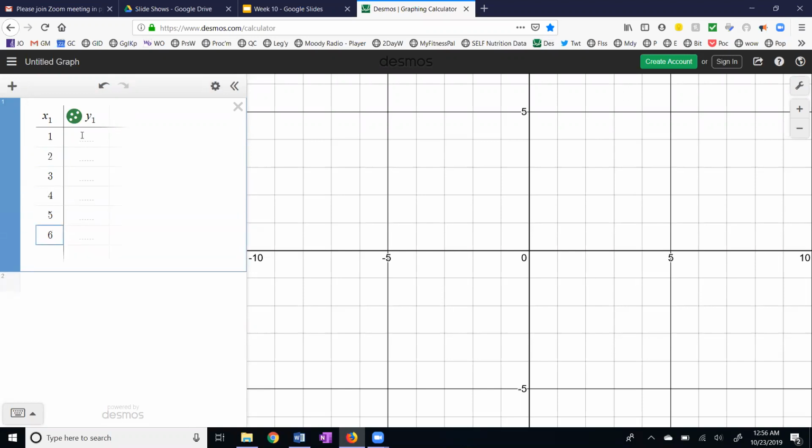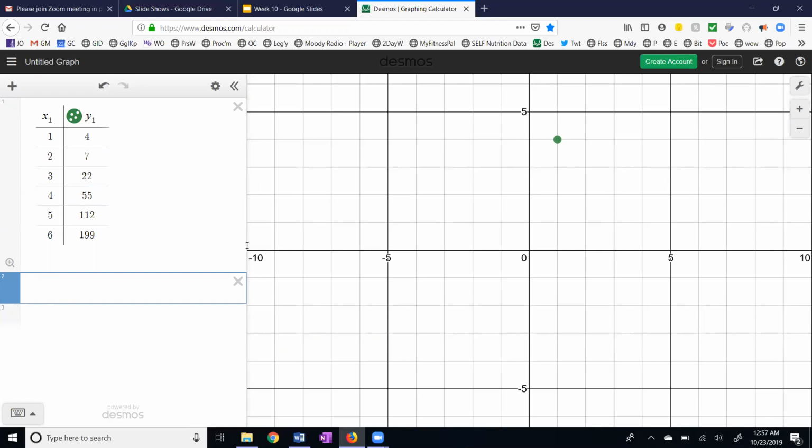And I'm going to put in my y values: 4, 7, 22, 55, 112, 199. And now I'm going to get the approximation. And this is going to be a perfect fit.